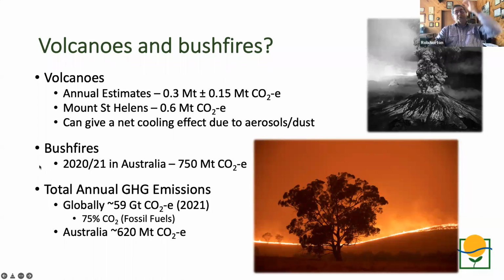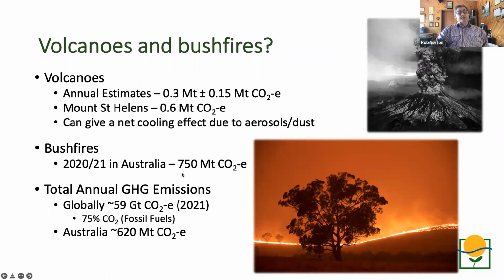The 2021 bushfires in Australia, the estimate from the research that's been done on that says that they emitted 750 megatons of carbon dioxide equivalent. And when we put that in perspective, Australia's total emissions are about 620 million tons of carbon.